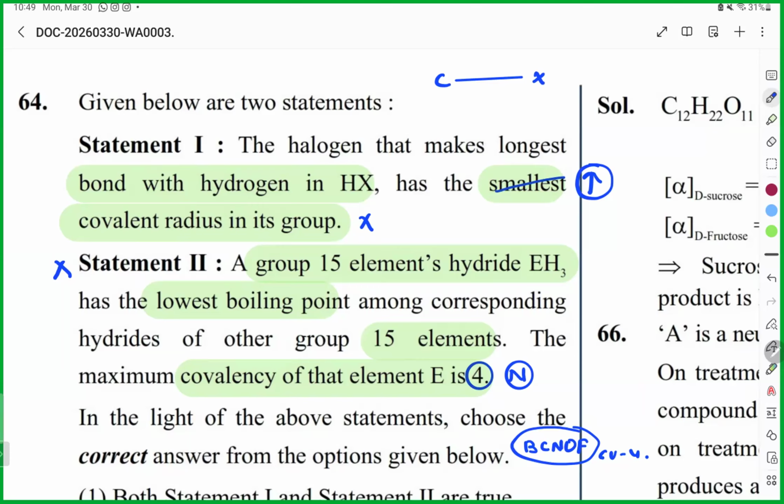Nitrogen can show hydrogen bonding. That's why it has a higher boiling point. The boiling point is maximum in the case of nitrogen hydride, one of the highest. Why? Because of the hydrogen bond.